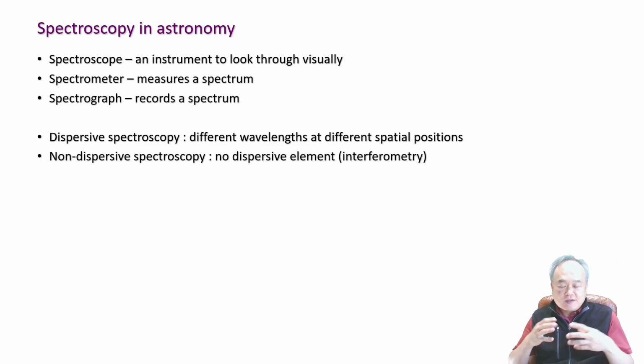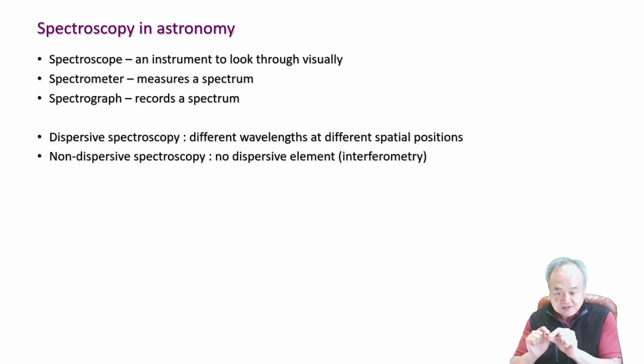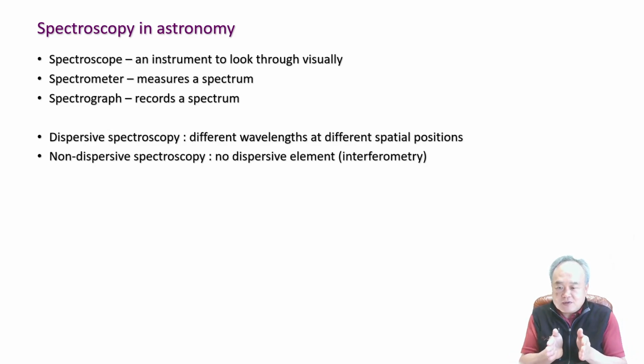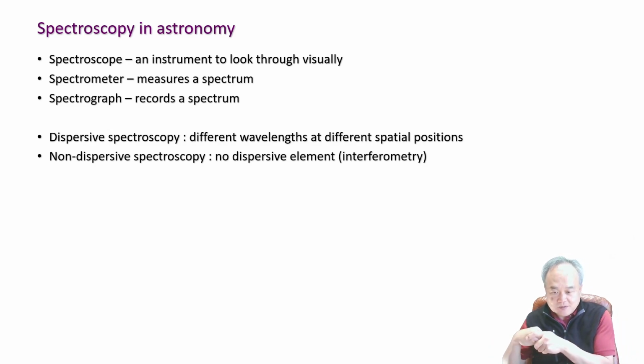In practice, to measure the photons' energy, so that eventually we can measure the intensity of the photons as a function of their wavelengths or energy level, we need to physically separate photons into different physical positions.